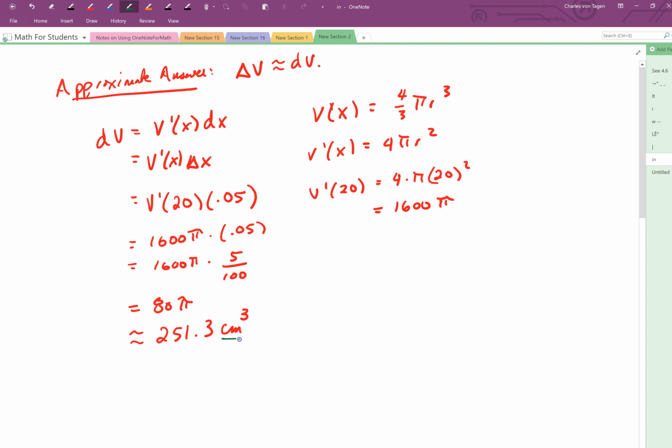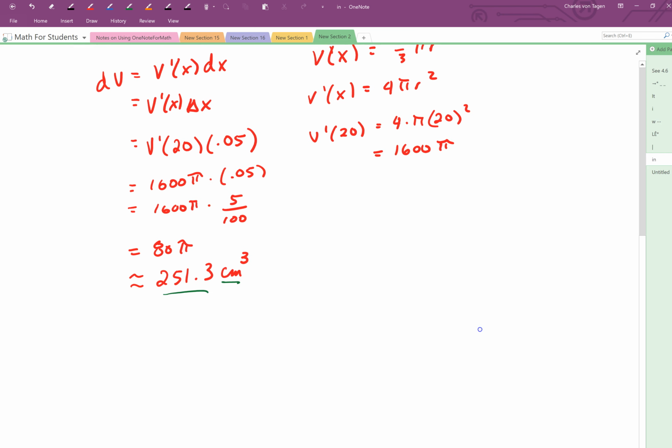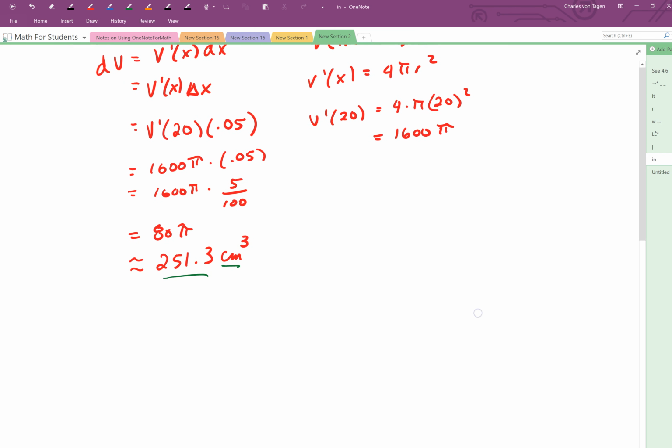I think that might be a little bit alarming the first time you do that calculation. We were only off in our radius by 0.05 centimeters, but that has an effect of being off by roughly 251 centimeters cubed, which is a decent amount, because that error compounded through the operation.